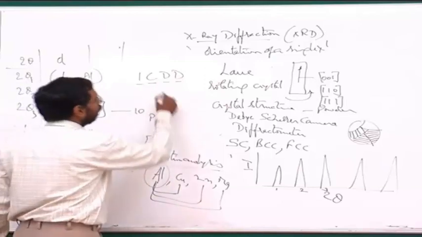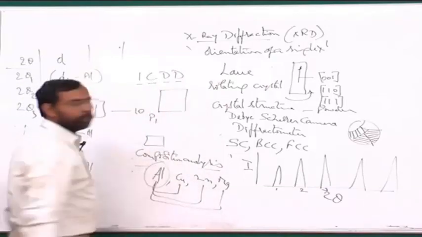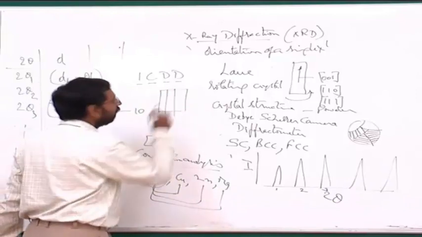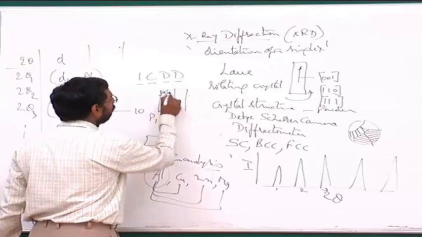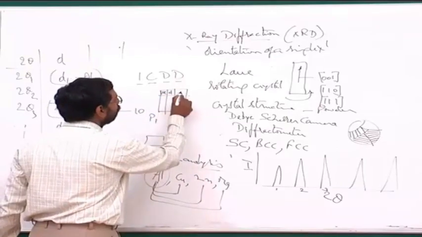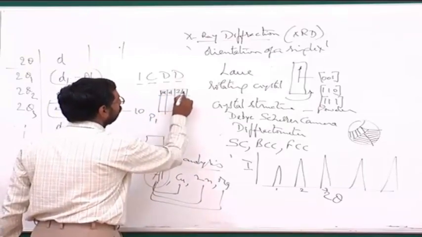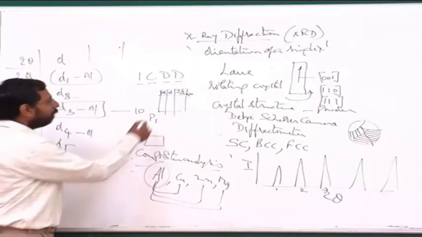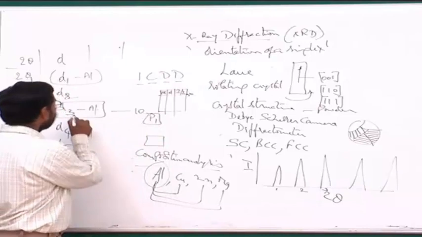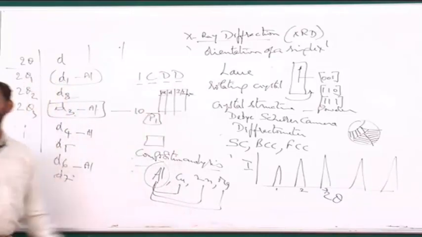I go to the table corresponding to phase number 1, which will have basically 3 columns: one column is HKL, another is D spacing, another is the intensity, I by I max.